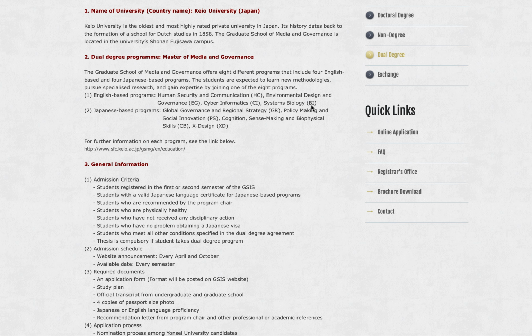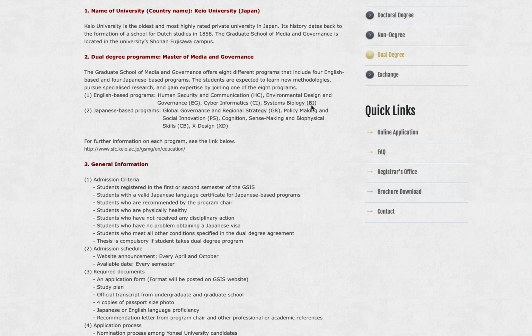These four are the programs in Keio University, like their subjects. You can take it as the subject you will study in.